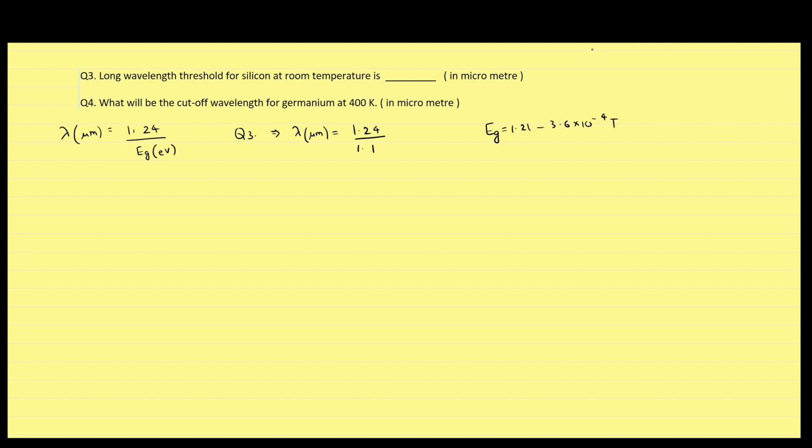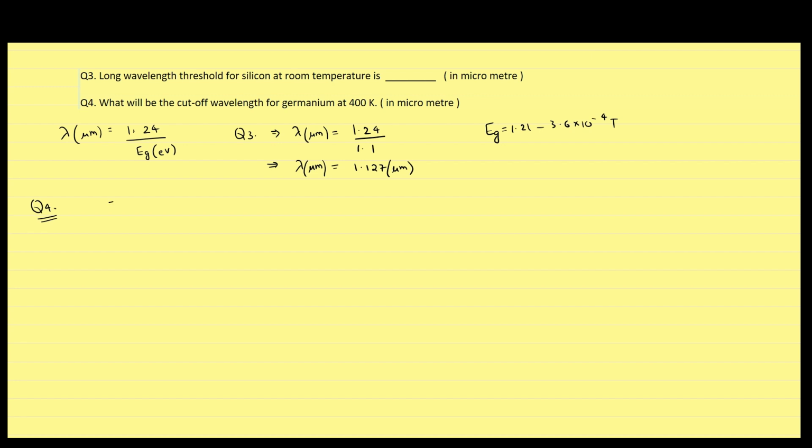But it will be very beneficial for you if you remember the value of band gap energy of silicon and germanium at room temperature and 0 Kelvin. So after calculating, we will get lambda to be equal to around 1.127 micrometer.